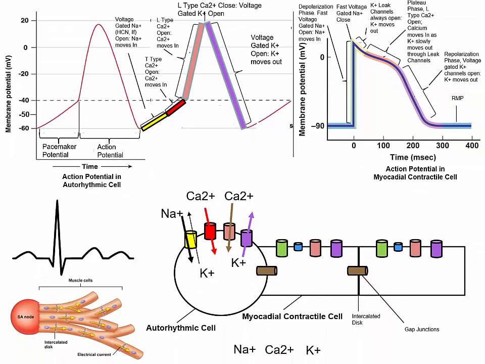We're going to see that as some of that sodium and calcium comes in, some of that sodium and calcium is going to go through this gap junction that's connecting this autorhythmic cell to the myocardial contractile cell. And we're going to see that's going to start an action potential that moves down through the myocardial cells, the contractile cells. And as that action potential moves through those myocardial cells, they're going to contract.